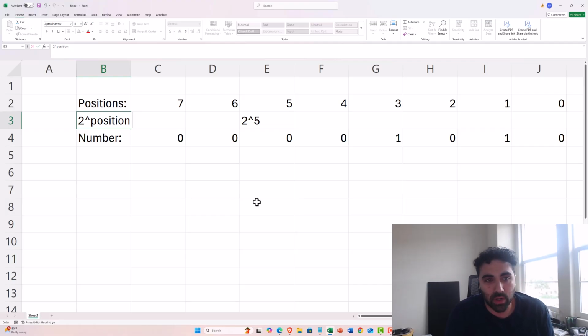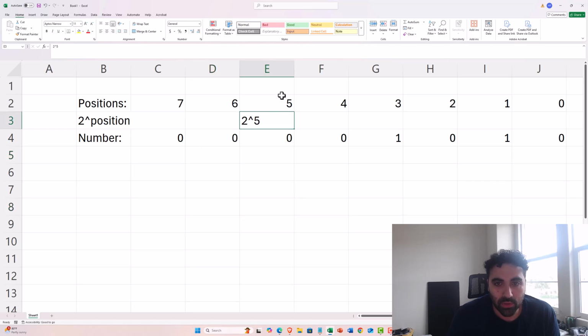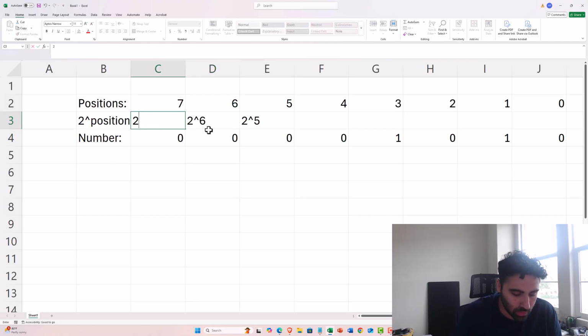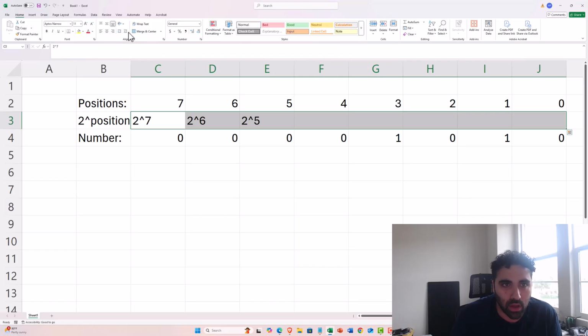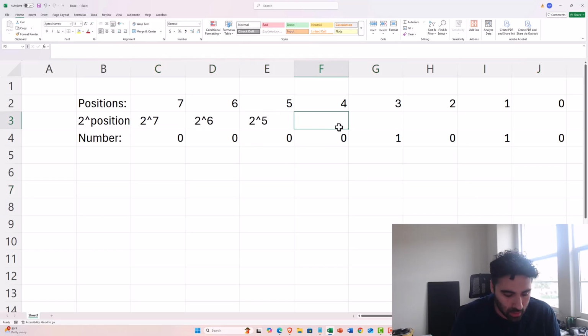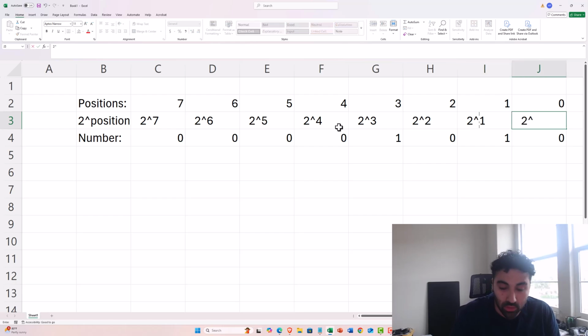So in this case, it's 2 to the 5th. This one is 2 to the 6th. This one is 2 to the 7th, and so on. And 2 to the 4th, 2 to the 3rd, 2 to the 2nd, 2 to the 1, and then 2 to the 0.